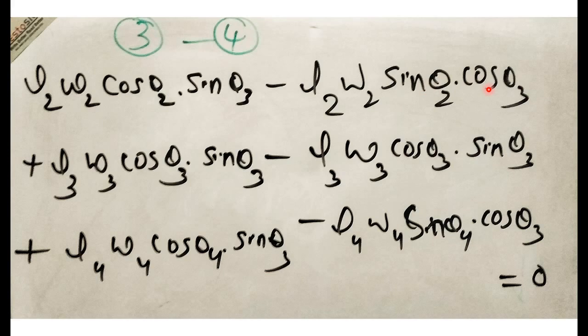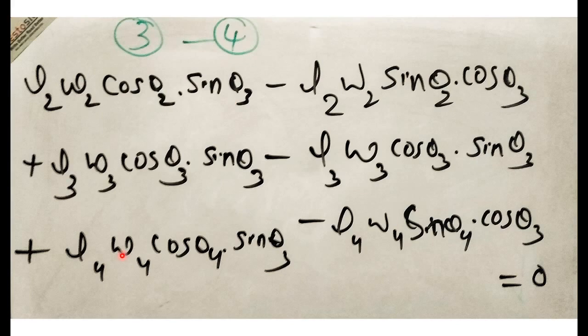Now you think, what is the answer? We have sin A cos B minus cos A sin B. Clear? Therefore, what is the answer? It will be sine A minus B. This thing you are also supposed to know. So sine A minus B. Here A is theta 3, B is theta 2. So what we can write? Sine theta 3 minus theta 2.